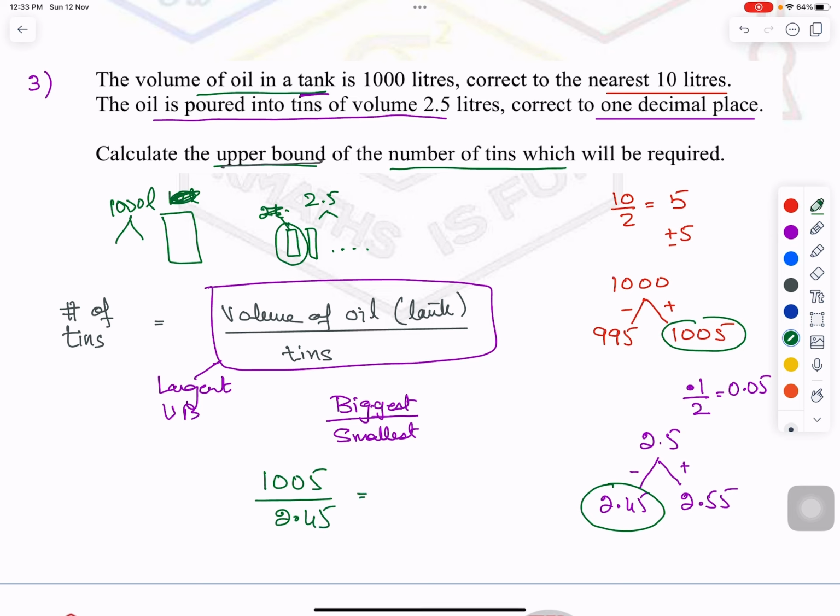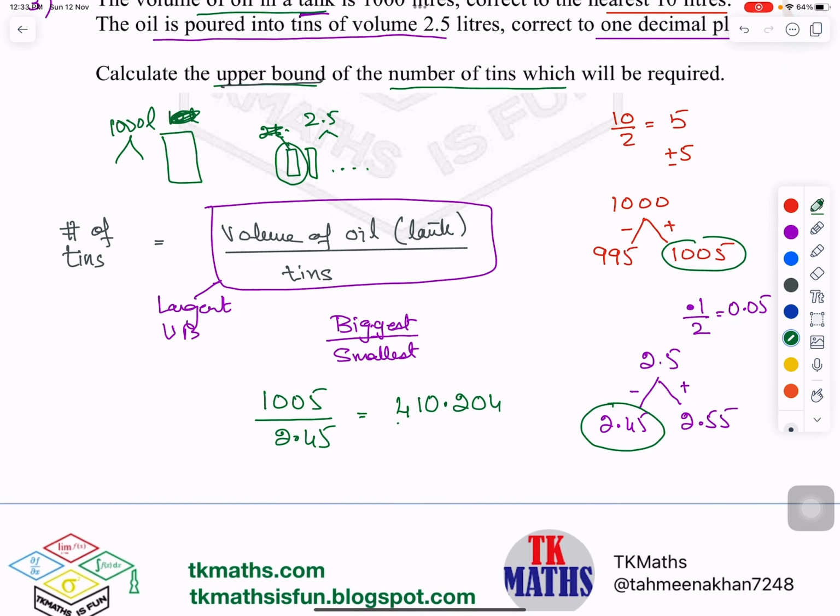Just give me a minute to calculate it. Okay. So it is coming 410.204, whatever. So it means 410 you will fill completely, but a little amount of oil will be left behind. So you need another tin to pour it into. So that's why you need 411 tins.